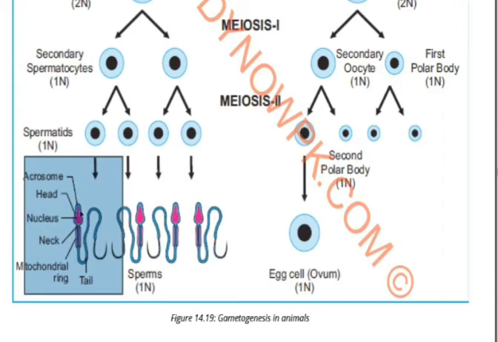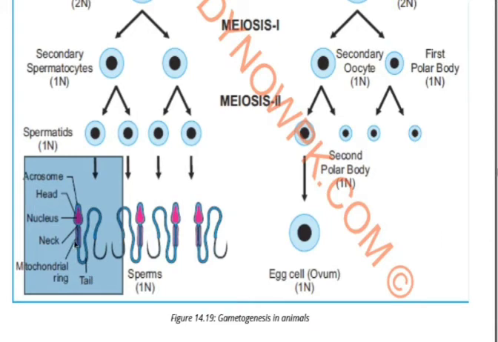Acrosome head. Acrosome is there to help it get easily inside the ovum, so it acts like an arrow, and it can go inside the egg cell easily. The head contains the nucleus, and there is a neck also.